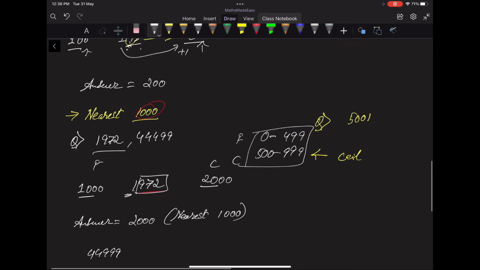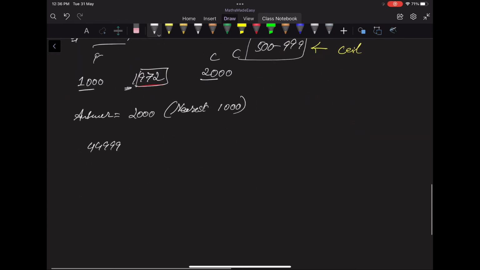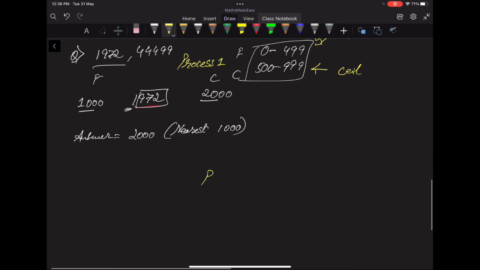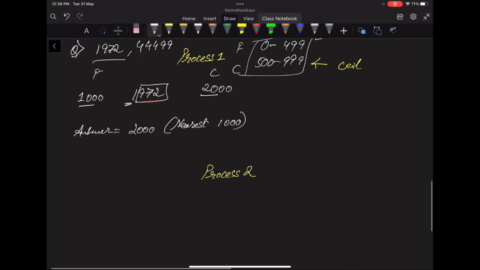Now using process number 2. So this one is done using process 1, and this one will be done using process 2. We place the number here, 44,499.